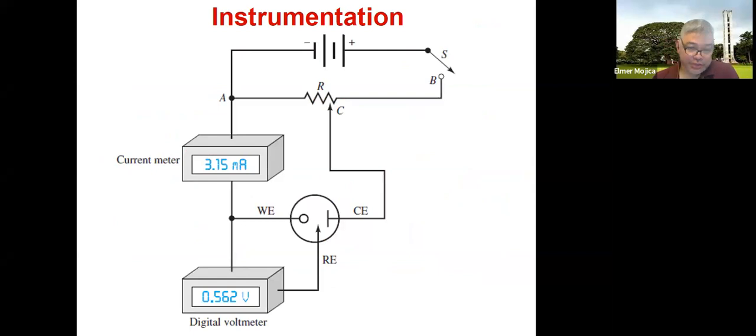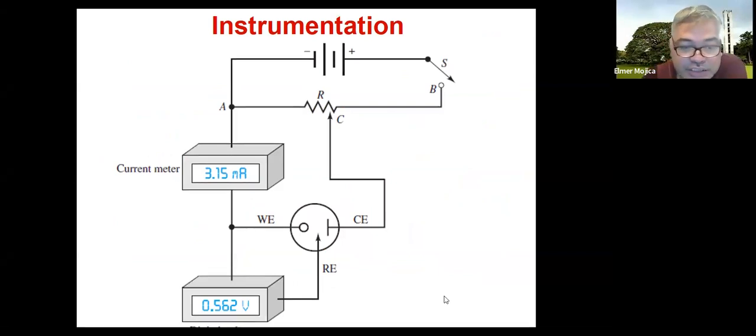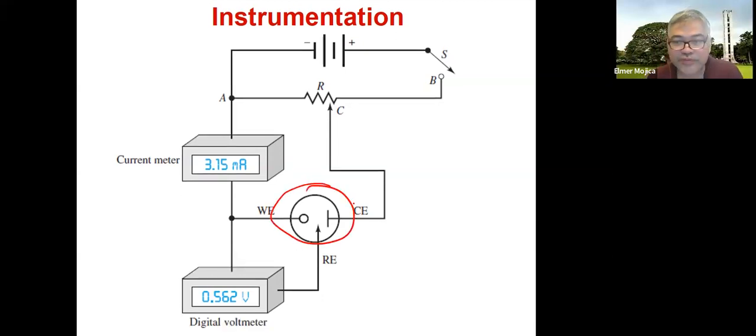And if you're going to look at the instrumentation here, this is the early voltammetric method that you have. If you look here, you will see the three electrodes. Usually you have a glass container and the different electrodes in a supporting electrolyte.